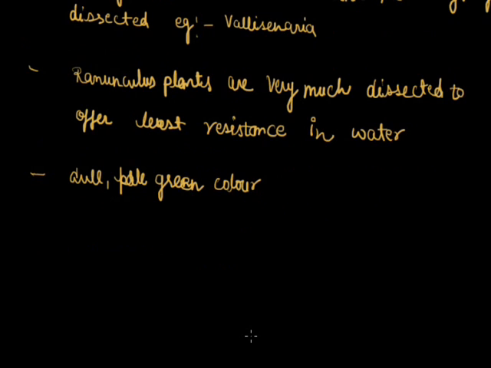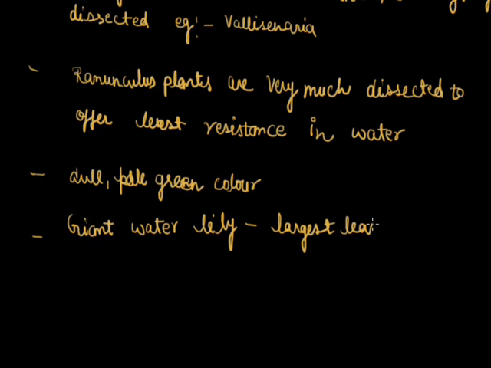In plants having disc-like circular leaves that float on the surface of water, like giant water lily, which has the largest leaves, there is an oily covering over the surface of leaves that makes it waterproof and also protects it against wetting or decaying in water. Stomata are present on the upper surface of leaves only.